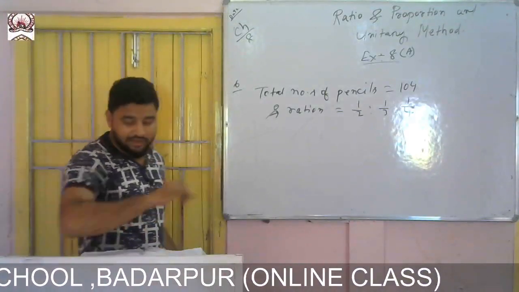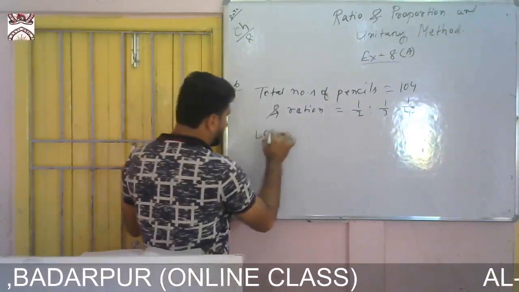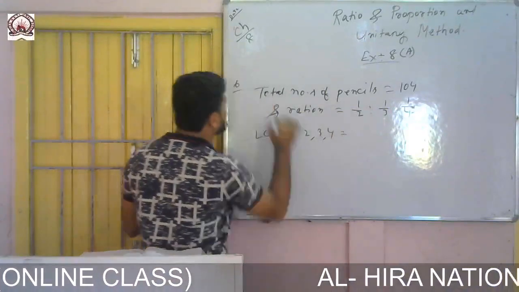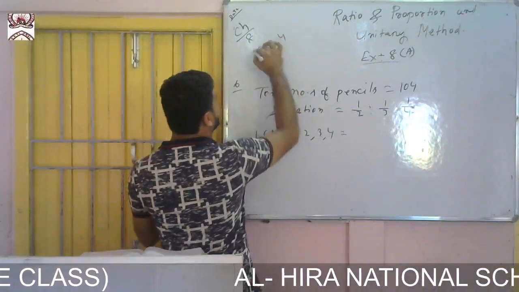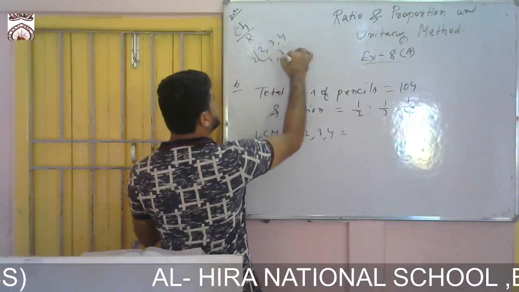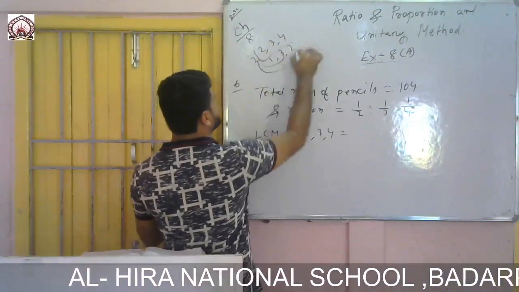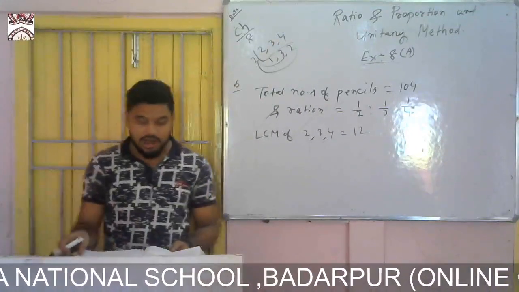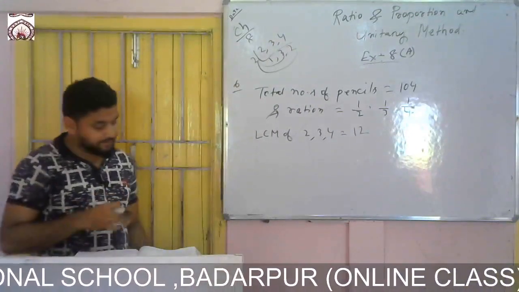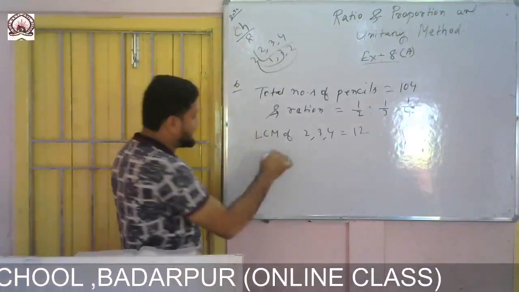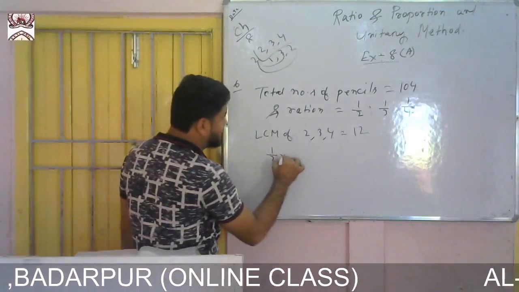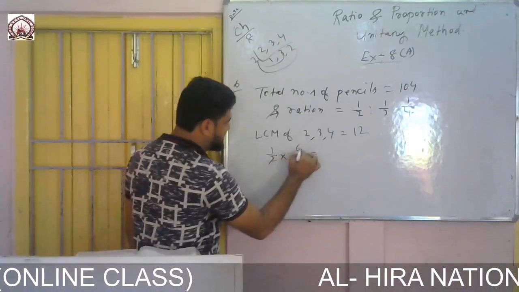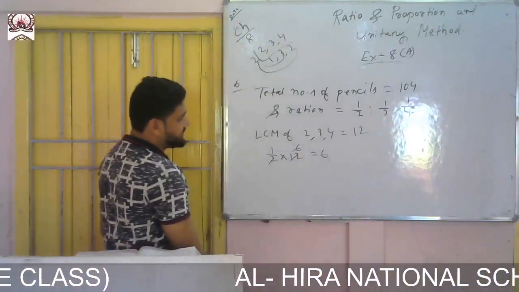Now take the LCM of all. LCM of 2, 3, 4: 2 ones are 2, remain 3, 2 twos are 4, 3 twos are 6, 6 twos are 12. So 12. Now write: half into 12 equals 6.